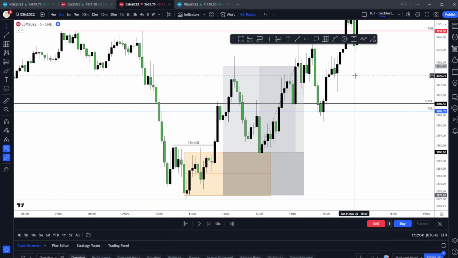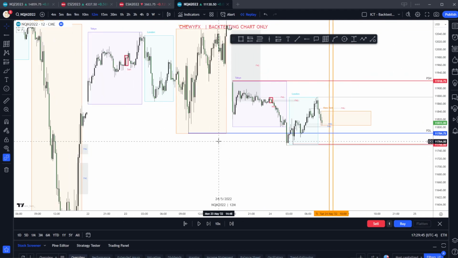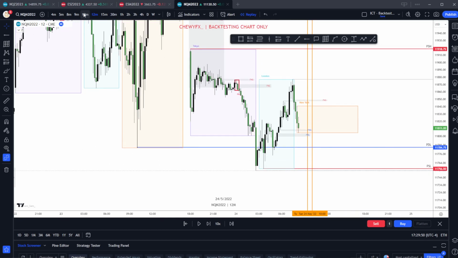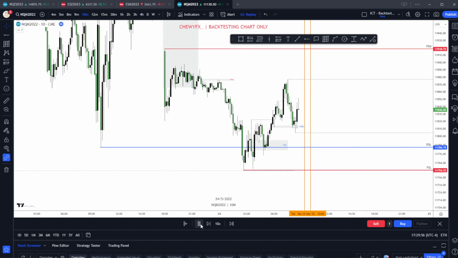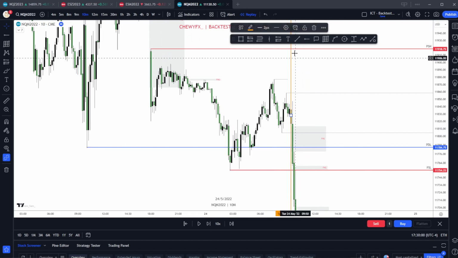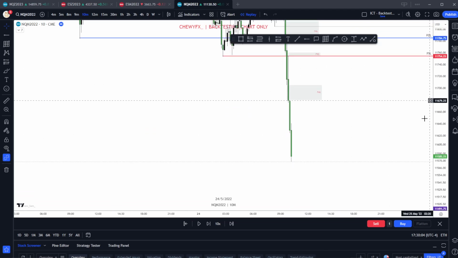So let's take a look at NASDAQ here. Let me just delete all these drawings. So NASDAQ, we already swept the previous day low, so I'm looking to sweep a session low before I begin to look for a buy. Okay, so we can see here that we did sweep the session low. Market is continuing to drop.